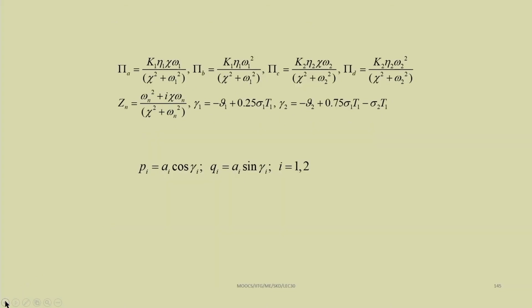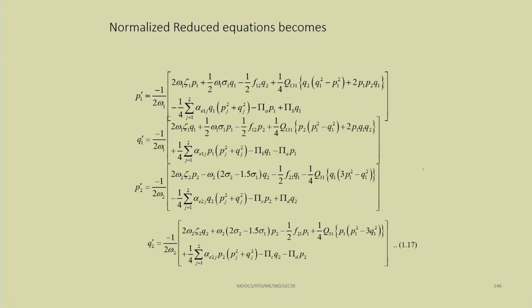This Pi Qi conversion is done to study the trivial state instability region. To study the trivial state instability, generally we convert to Pi and Qi form. These are the equations one can obtain using this Pi and Qi form.